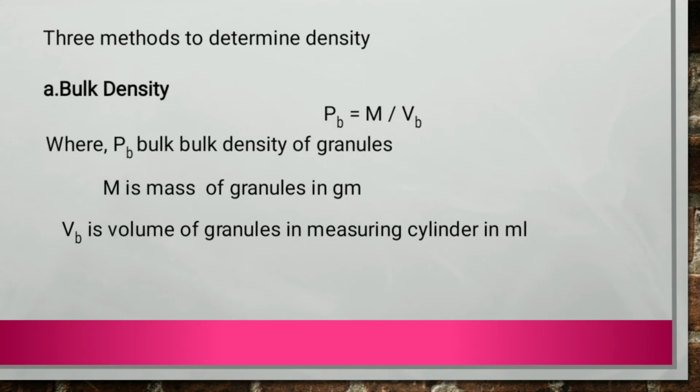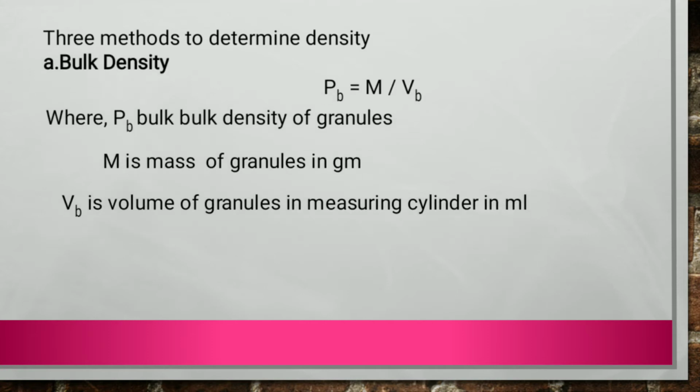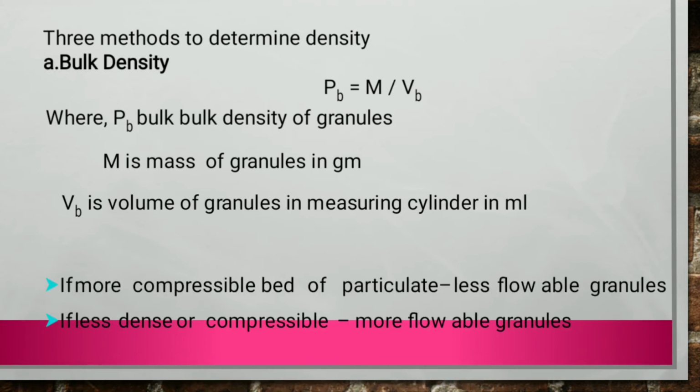Basically, the first one, that is bulk density. Bulk density of the material can be defined as the ratio of mass to the volume, including the interparticulate void volume of an untapped powder sample.